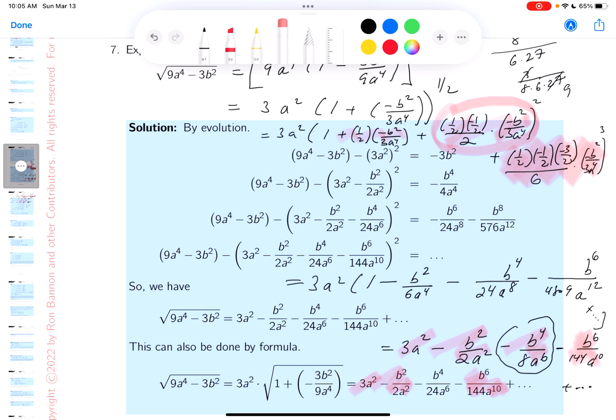So what do you get? You get 1/4. On the bottom, you get 2 times 9, which is 18. So you get 1 times 4 times 18. And did I write that down? No, I made a mistake.